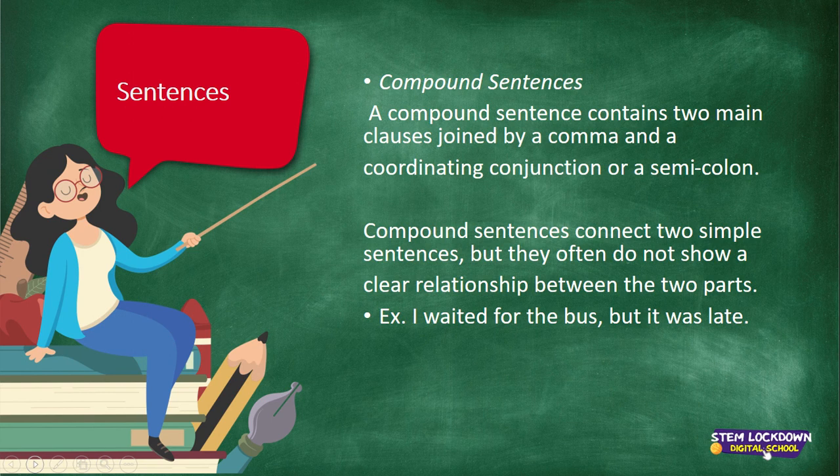It says, I waited for the bus. That first part is a complete thought on its own. It makes sense. Okay? So it's a simple sentence. The second part, but it was late. It was late is another complete sentence on its own. So our coordinating conjunction there is the word but. So examples of coordinating conjunctions: but, and, or, yet, nor, or. So those are just a few examples.